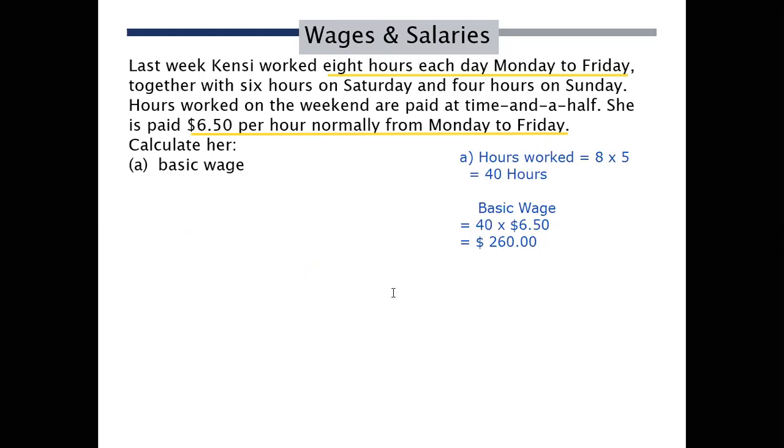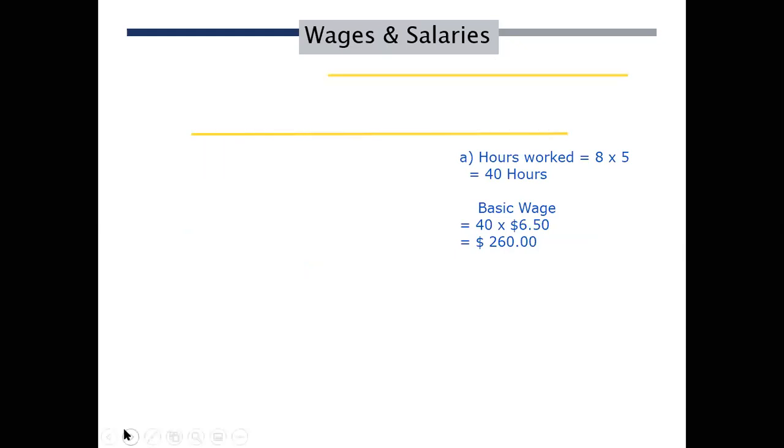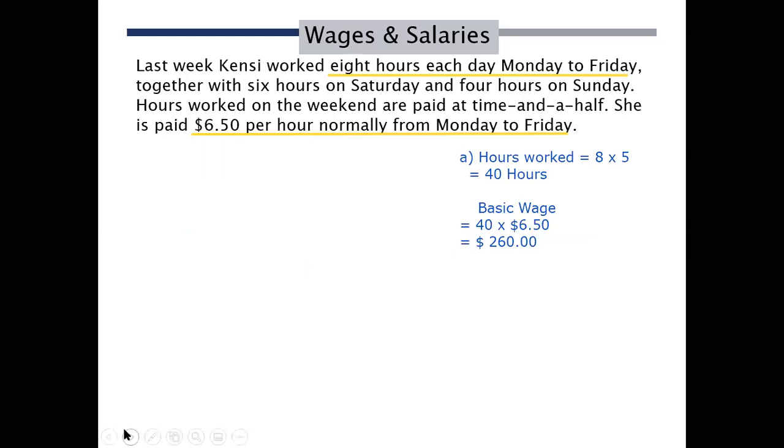All right, now let's move on to question B. Part B says, calculate her overtime wage. Well, again, it's important for me to identify from the question what information I'm given about her overtime. And here's what they say.